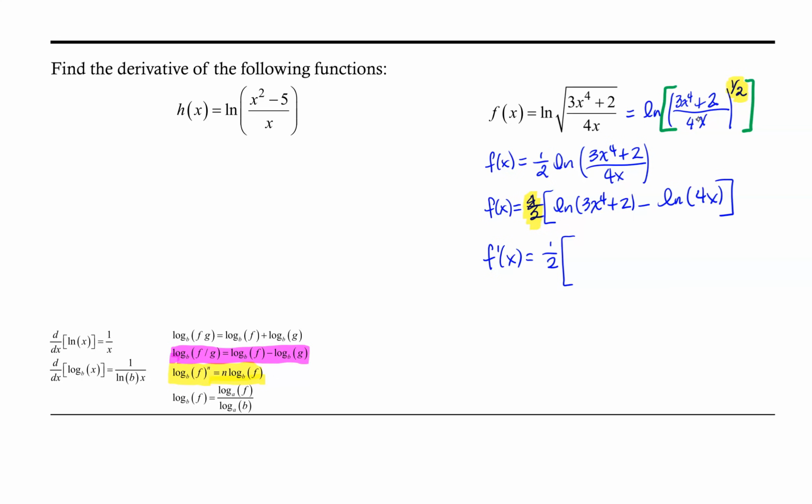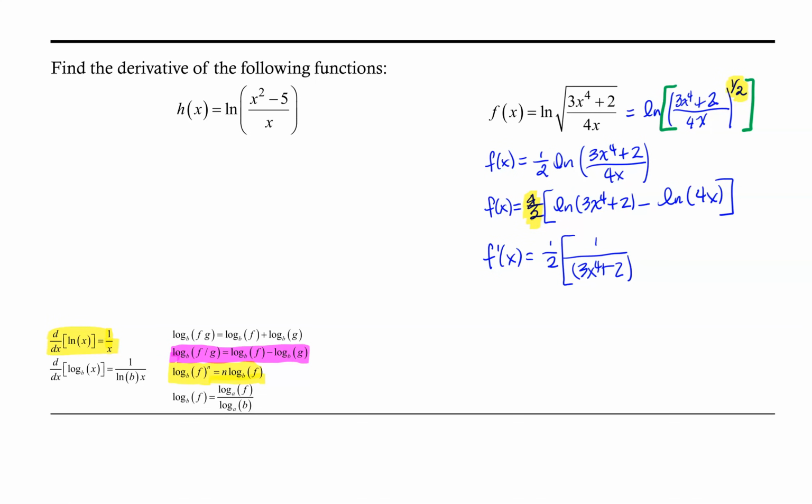So derivative of natural log, again, is 1 over the argument, and we will be using the chain rule here. So we will have 1 over our argument, which is 3x to the fourth plus 2, times the derivative of that argument.